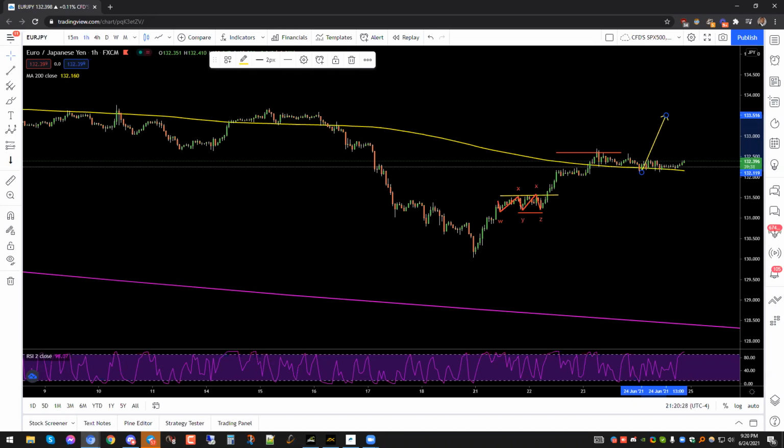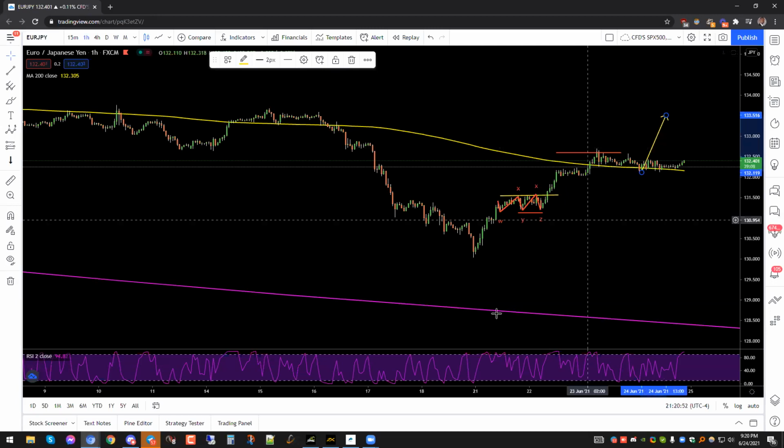And if wave 3 is not an extended wave, then there is a great possibility that wave 5 could become an extended wave. So we need to keep these rules and guidelines in mind whenever we trade wave fives and whenever we trade wave threes of corrective formations.